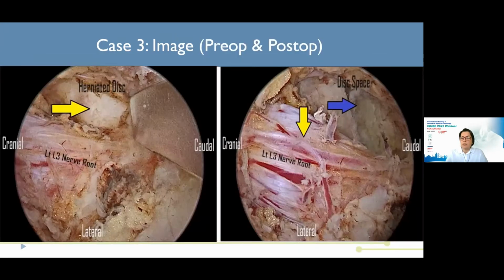Here you can see the decompressed terminal disc in these images.